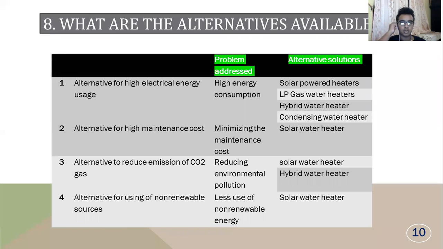When talking about minimizing the maintenance cost, the only alternative is the solar water heater. Reducing environmental pollution, we have 2 alternatives as solar water heater and hybrid water heater. When talking about the less use of non-renewable energy, the only alternative available is the solar water heater.